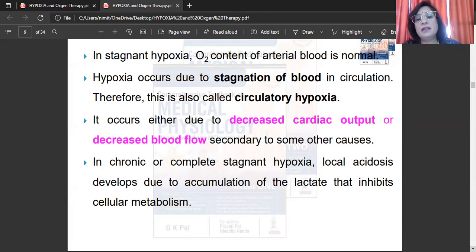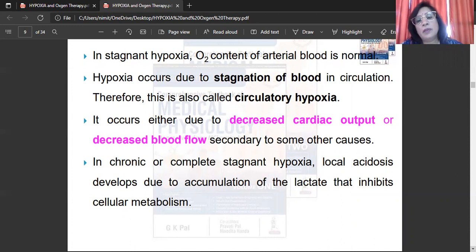Causes we have already seen: decreased cardiac output or decreased blood flow. And local acidosis will also be seen.